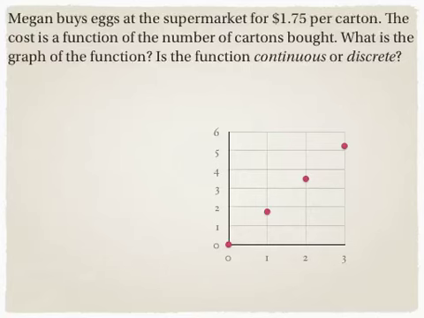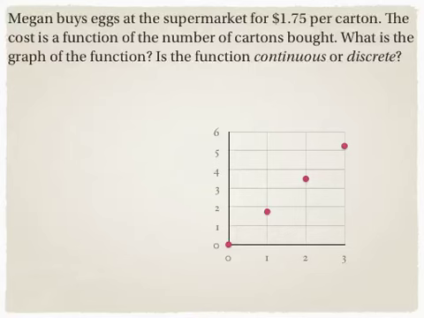This example says Megan buys eggs at the supermarket for $1.75 per carton. The cost is a function of the number of cartons bought. What is the graph of the function? Is the function continuous or discrete? Well, you can see that I've accidentally already have this graph up, but if you think about going to a supermarket and buying cartons of eggs, they're not going to let you go in and say, I want a carton and I'll only take 2 eggs from this carton, so I have a carton plus 2.